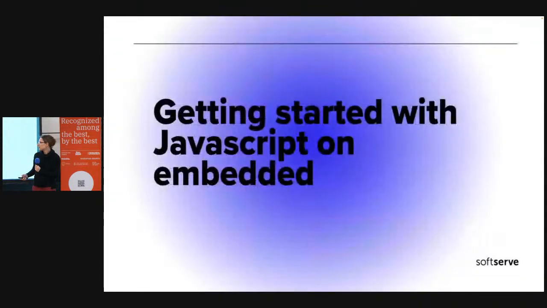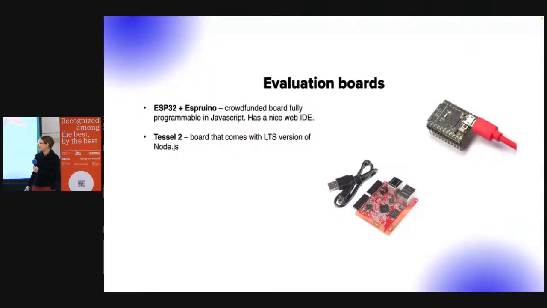Then there's also a start: if you think that, yeah, it's cool, so how should I begin? Here's how. There are 2 really great evaluation boards easily available on the market despite the current hardware shortage.